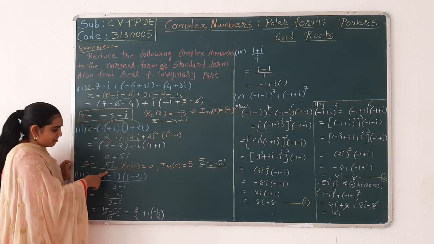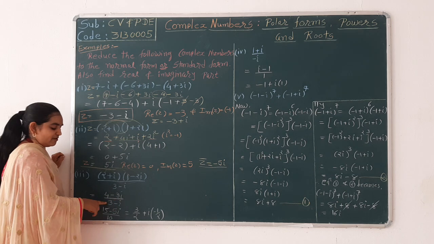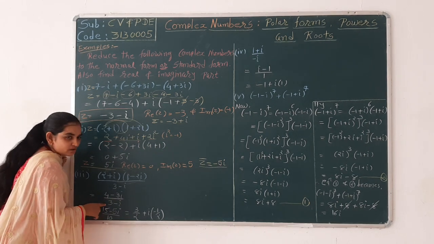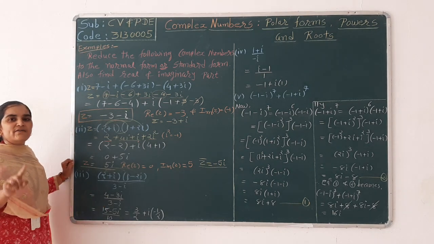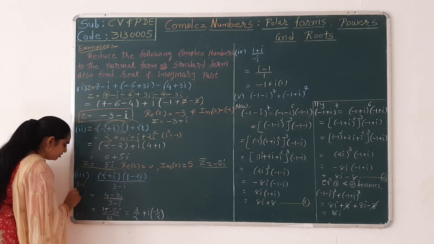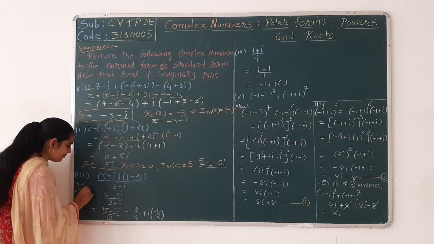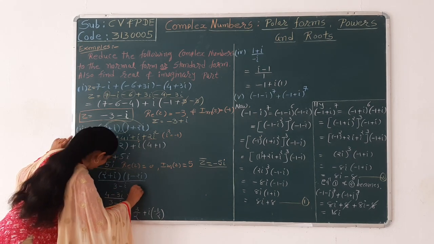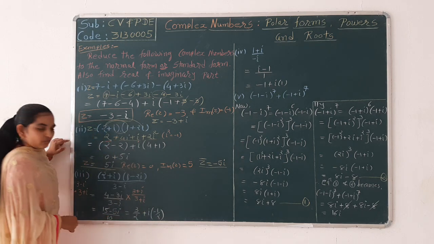That means we simplify to 4 minus 3I divided by 3 minus I. Here the denominator is 3 minus I. Therefore we have to multiply and divide by its conjugate. What is the complex conjugate? The complex conjugate is 3 plus I. That means we multiply and divide by 3 plus I.